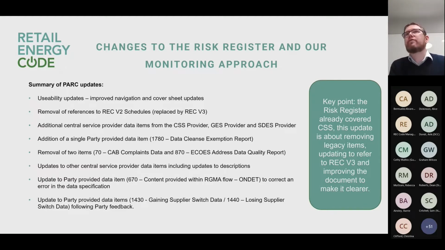We've cleared out references to V2 schedules that don't exist and replaced them with the relevant V3 one, and some risk renumbering and those sorts of things. And then the rest of it really is new data items, primarily for central providers, those changes for suppliers, and those couple of other tweaks that we've mentioned. So that's a bit of a summary.